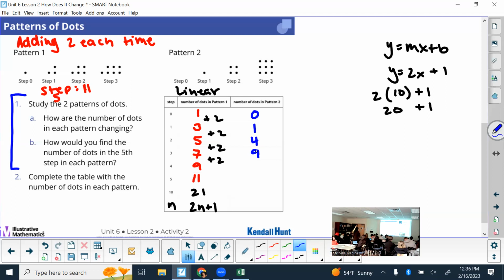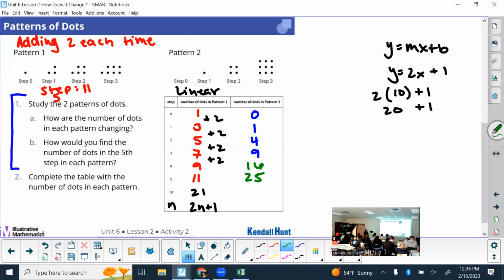Not 5, but 4. Okay, you think 10? It won't be 10. Okay, 16. It's going to be 16. Why? I'll show you in a second. Anyone know what it's going to be in step 5?